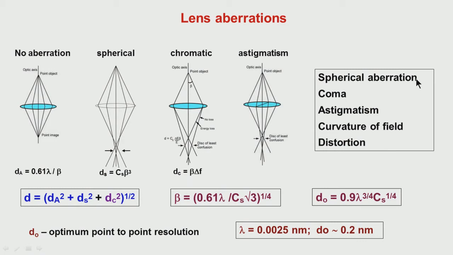By designing and making the lenses properly, we can minimize it, but we can't eliminate it. And this is the one which is responsible, with the Rayleigh criterion, for giving an optimum point to point resolution, which for a wavelength of 0.025 nanometer turns out to be 100 times poorer, around 0.2 nanometer, correct?